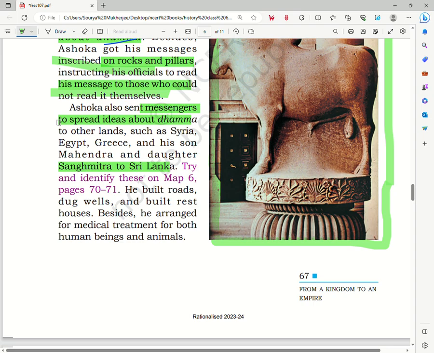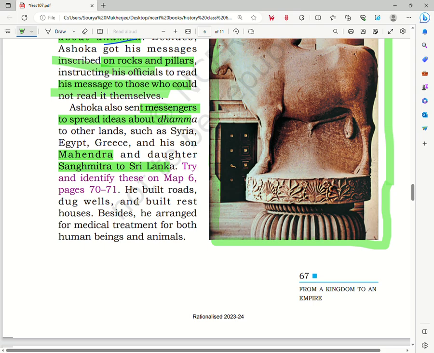He sent his messengers and preachers of Dhamma to places like Syria, Egypt, and Greece, and he sent his son Mahendra and his daughter Sanghamitra to Sri Lanka to spread Buddhism over there.